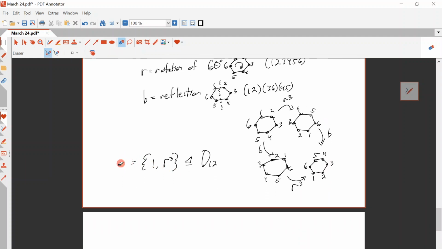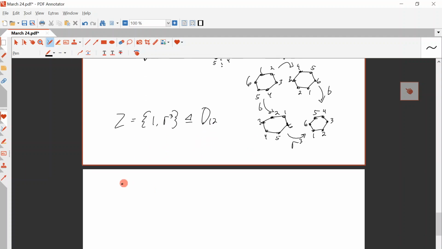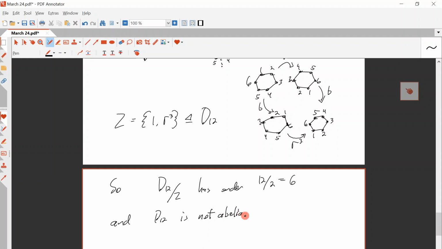Right, so this is actually the center. Z, which is 1, r to the third, the center, it's always a normal subgroup. Right, so D12 mod Z has order 12 over 2, which is 6. Right, and D12 is not abelian. So D12 mod Z is not cyclic.